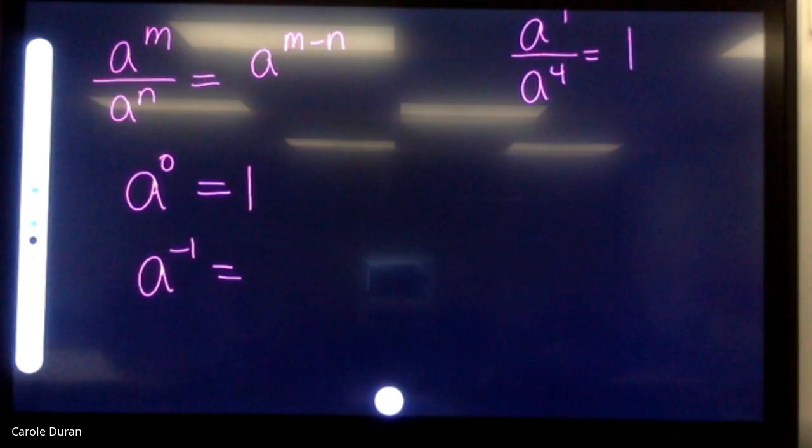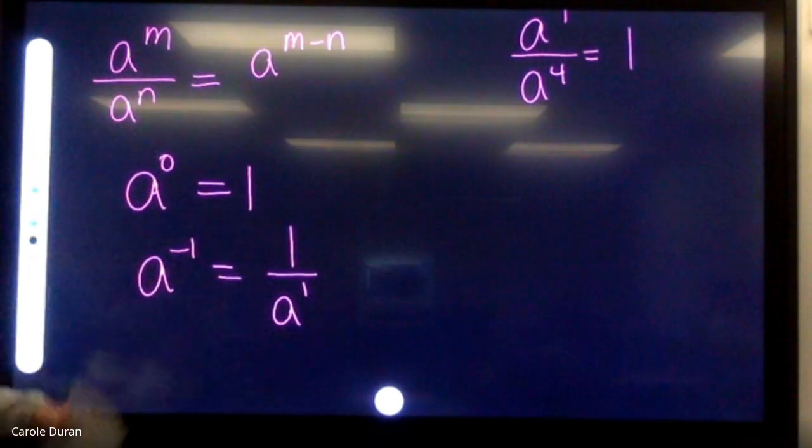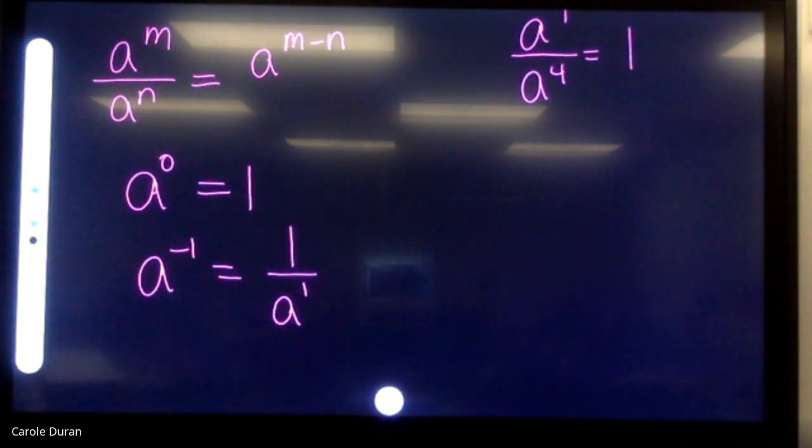So if I have an A to the negative 1 in my numerator, that becomes 1 over A to the 1, or just A. Anytime it's a negative, it moves to the opposite side of the fraction and becomes positive. Same thing if it started in my denominator, it would have moved up to my numerator and become positive. So it doesn't matter what side of the fraction it's starting on. Once it crosses that fraction bar, it becomes the opposite sign.